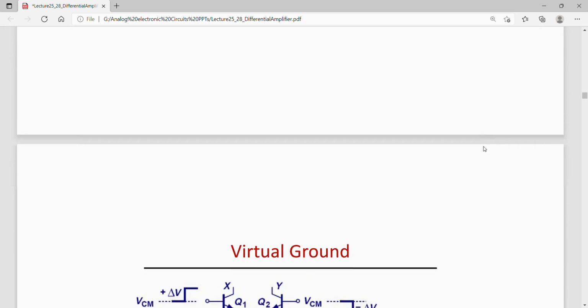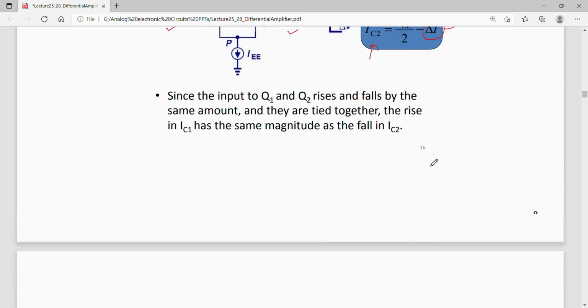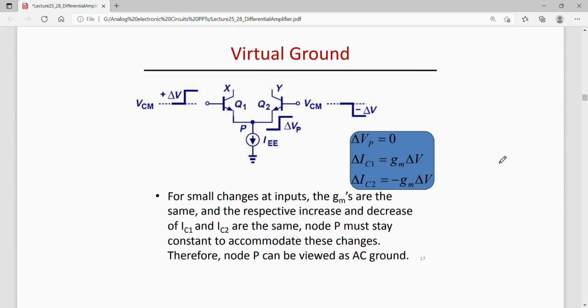Now if this is true, that is, the collector current is changing by the same amount in response to the rise and fall at the input by the same amount delta V, then for this to be true, this node potential Vp should be fixed.